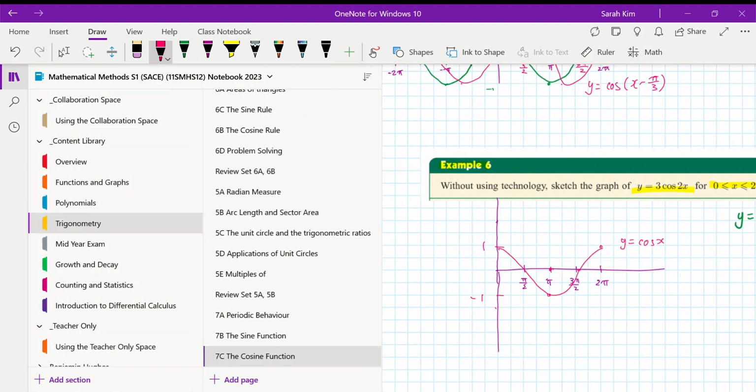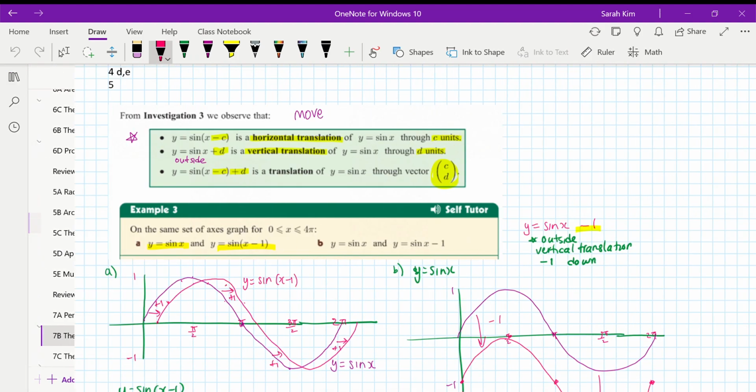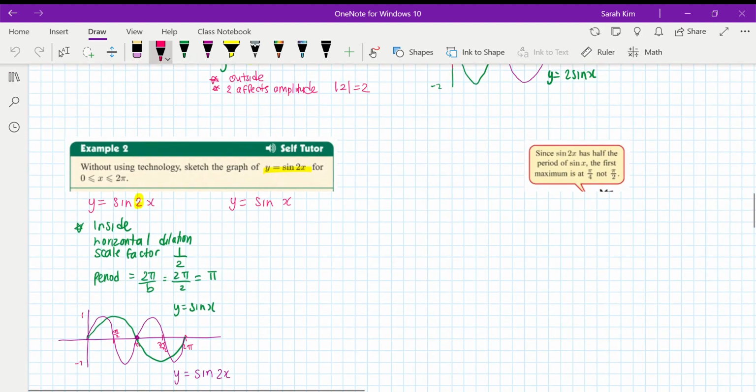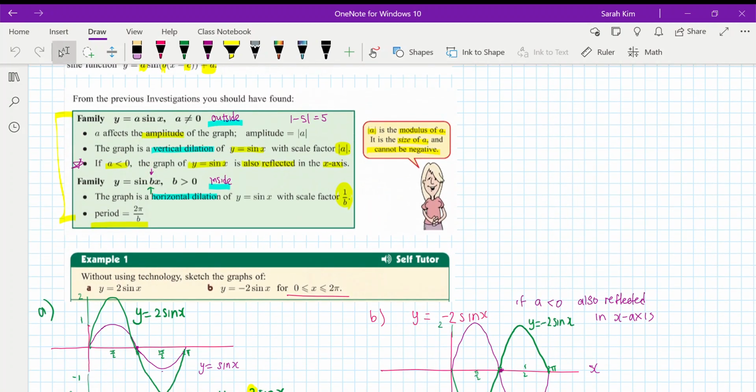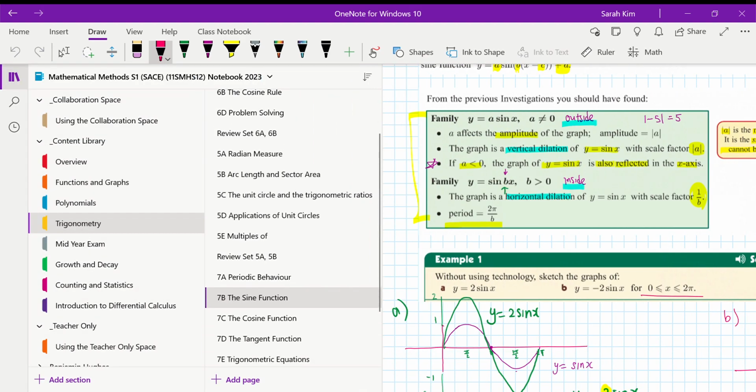If I go back to my notes, hopefully you've got yours right in front of you. 3 was the number in front, so that was the outside, and it affects the amplitude of the graph. The mod A is the amplitude. So it's a vertical dilation, it's going to get stretched out bigger.